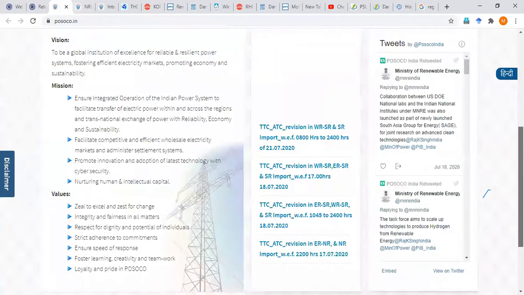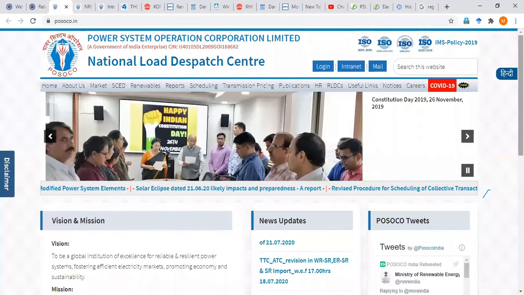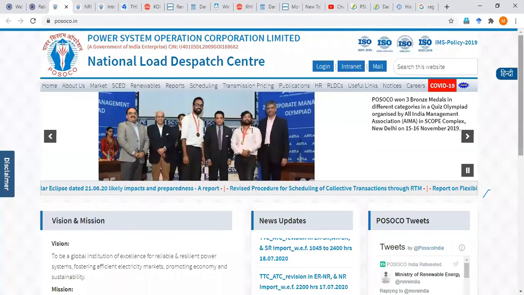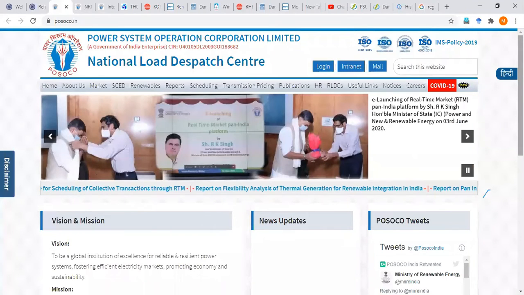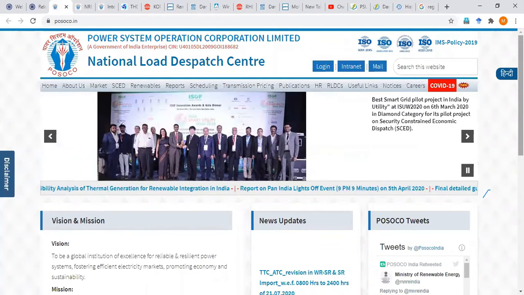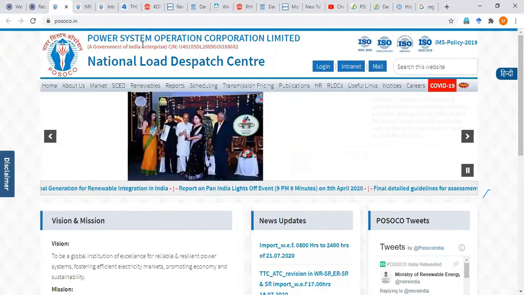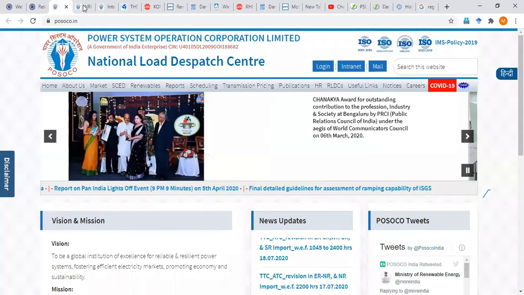You can see the LDC functions here: vision, mission and values. Whatever the demand is at a particular instant, they try to match that demand with the help of the existing generation. If excessive generation is required, they will coordinate with power stations across India, and accordingly, at a particular moment, they coordinate between the power generation as well as the load on the power system.